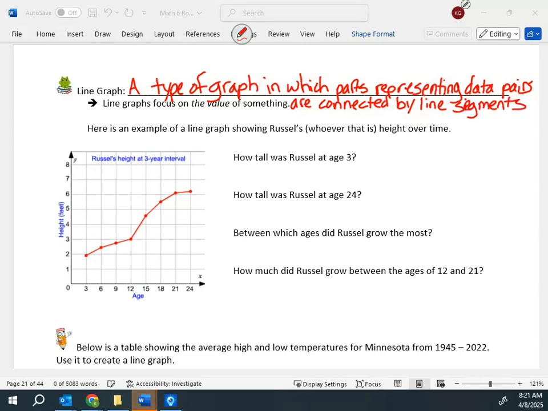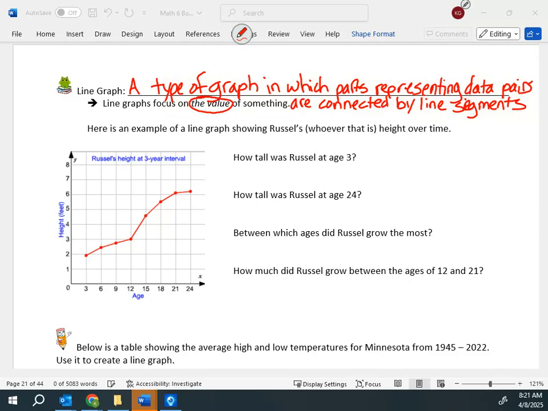So in a bar graph, we made bars. In a line graph, we're gonna be drawing what looks like a line. It's actually line segments. Doesn't go on forever, so there are line segments. Important to note, line graphs focus on the value of something. Bar graphs focus on how many. Line graphs are focusing on the value.